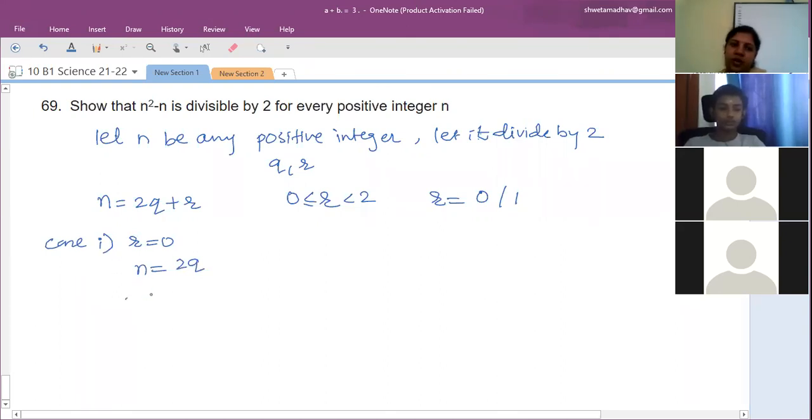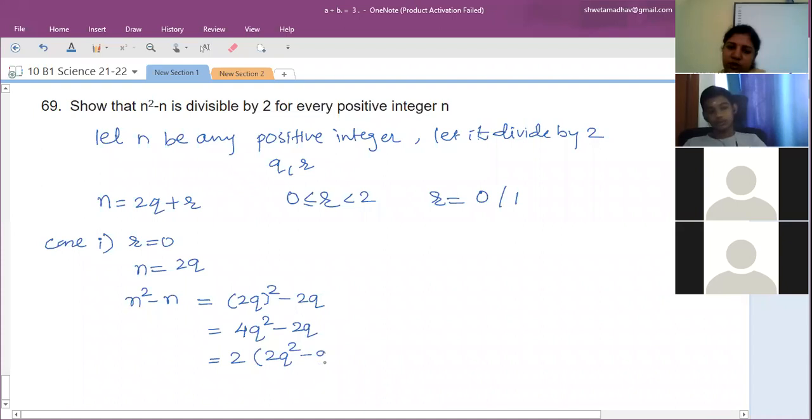Now n square minus n. So what is n square? 2q square minus 2q. So this is 4q square minus 2q. Can we take 2 common? So it is in the form 2m. So it will become 2 into 2q square minus q.